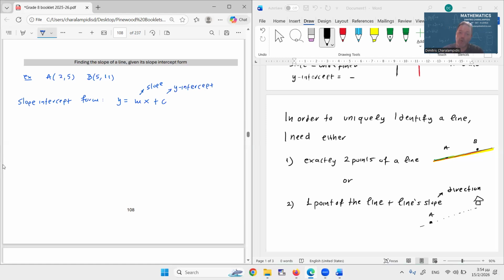Let's begin with the slope, because we know that for the slope, we have a slope formula. And if you remember that already, it's y2 minus y1 over x2 minus x1.